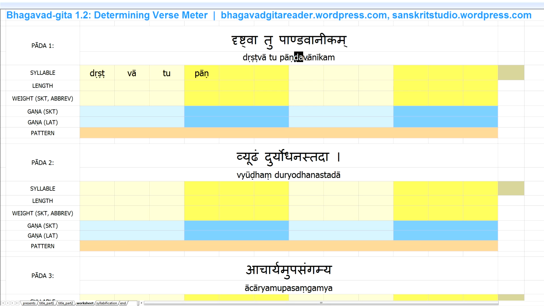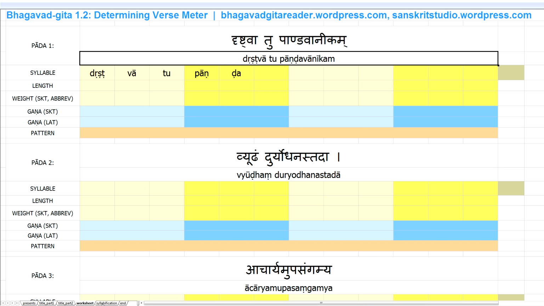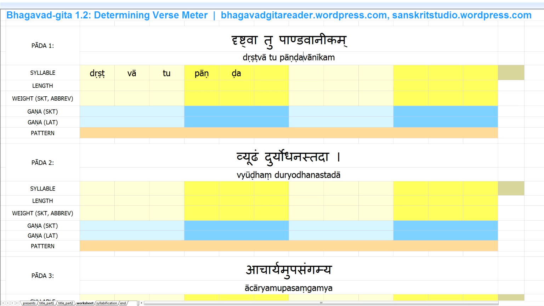And then we have the last rule that we haven't looked at so far, and that is this single consonant in the middle there. The rule for that is simply that all single consonants should team up with the vowel on their right. So we go back to the worksheet, and that's why the v does not go with the a here.